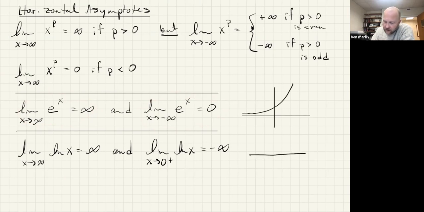Your logarithms are really very similar to exponentials, just rotated around a different direction. So as x goes to positive infinity, log goes to positive infinity. But as x goes to 0 from the right, log x goes downward to minus infinity. Those are just super rough graphs, okay?